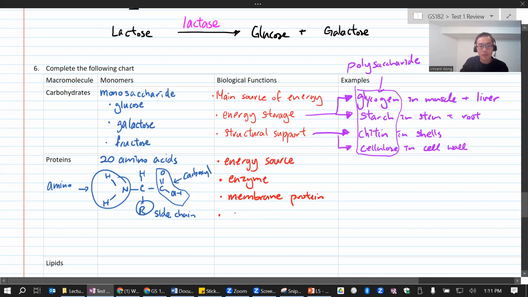We also need proteins for hormones. Some hormones are protein, other hormones are lipids, right? And we also can have proteins for structures.